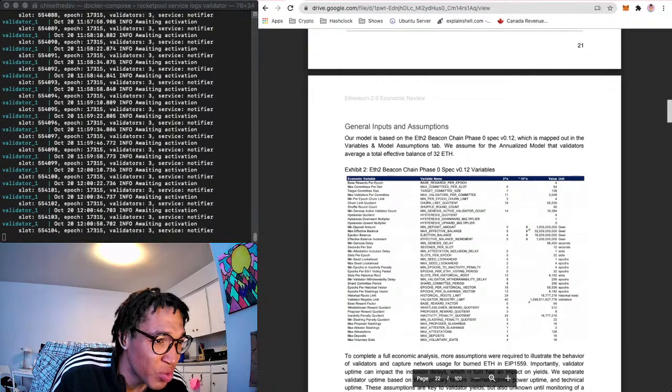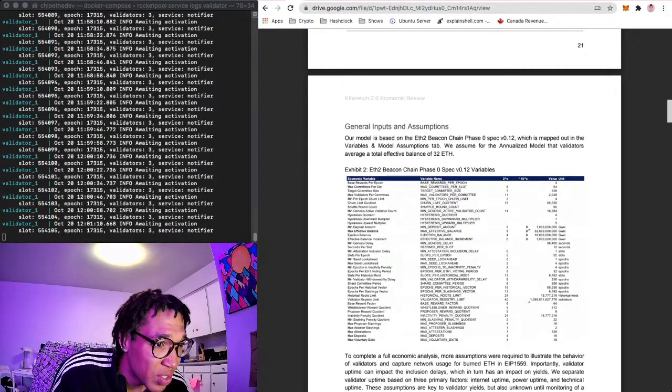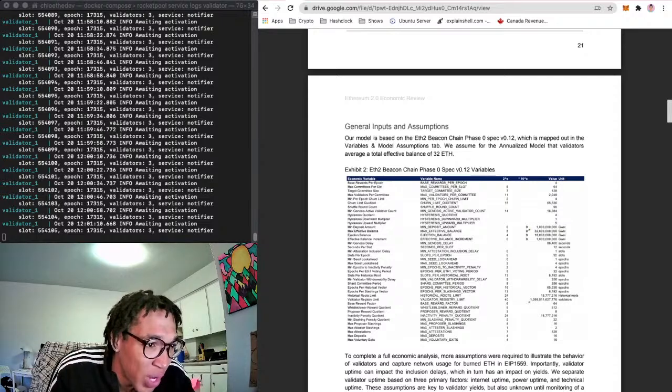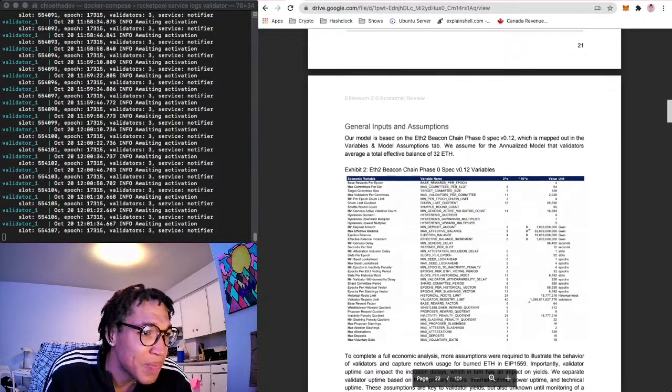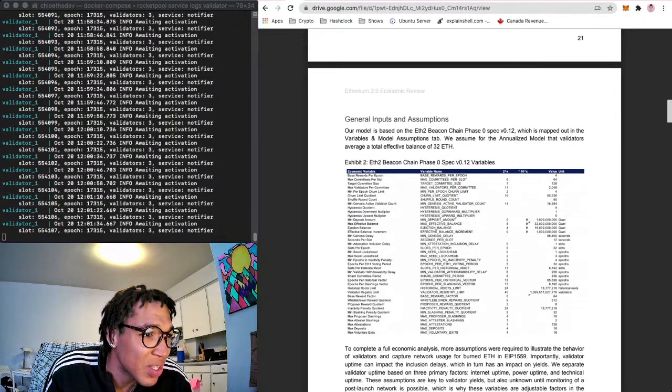Whistleblower reward quotient. Okay, so that's how much you get as a reward. Oh, that's a quotient. Okay. Max slashing penalty, but it's not saying Gwei, it's just saying quotient. Very interesting.